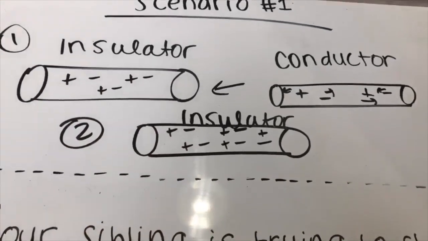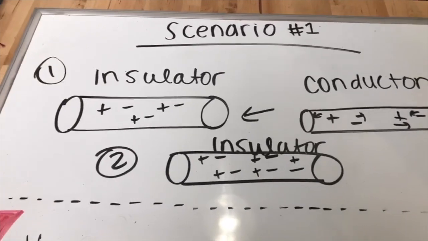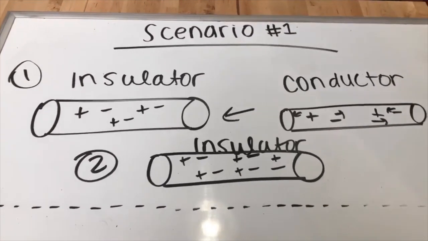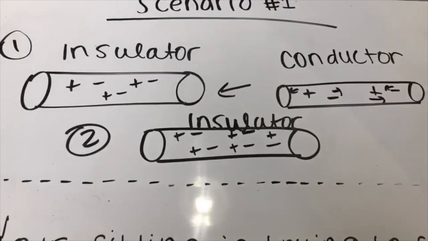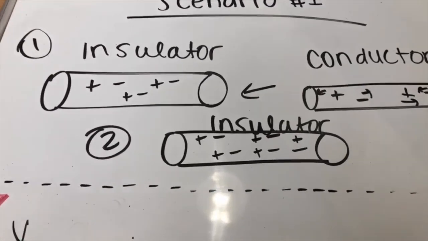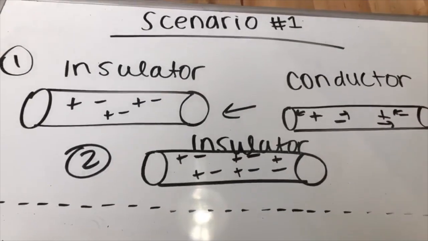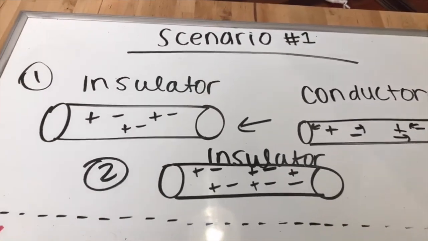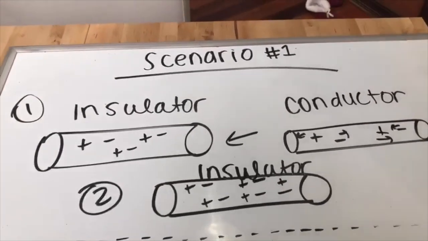So essentially you can kind of consider it as the charges get stuck to it and then nothing happens. So when our friend was trying to protect herself from her sibling, she put on things where the charges would be consumed rather than transfer to her skin.